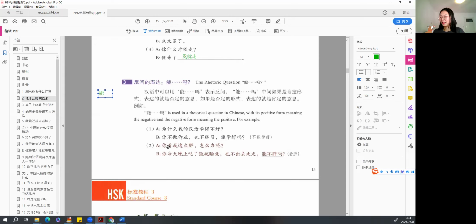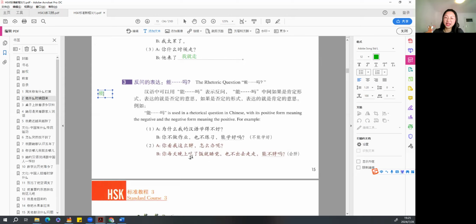So A just said, oh, look at me, I am so fat. What should I do? 你看我这么胖，怎么办呢？ And then B said, gosh, B is really, really mean. So B said, 你每天晚上吃了饭就睡觉，也不出去走走，能不胖吗？ Okay, every night, what A does, 吃了饭就睡觉. We have learned this in our last sentence, right?